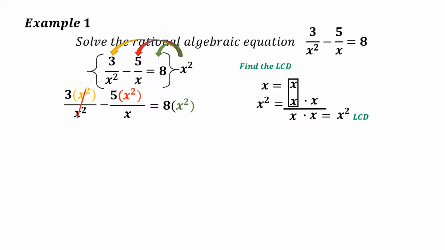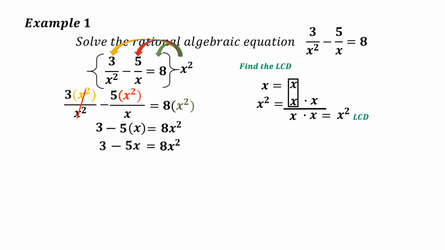Then 1 times 3 is equal to 3. 3 minus 5, x squared divided by x is equal to x. How? It is because when you are dividing exponents, the operation is subtraction. Then 2 minus 1, the result is x raised to 1, or simply x. Is equal to 8 times x squared, the product is 8x squared. So we have 3 minus 5x is equal to 8x squared.